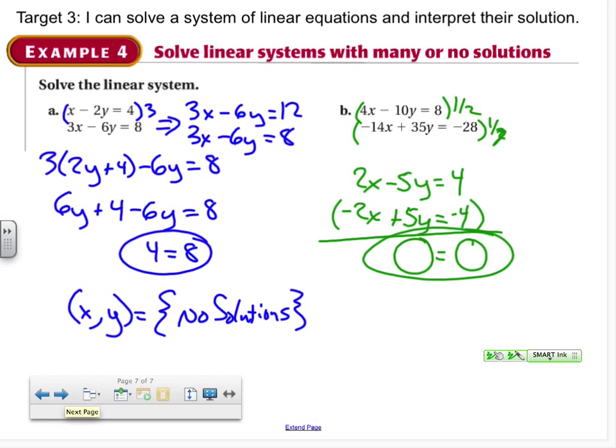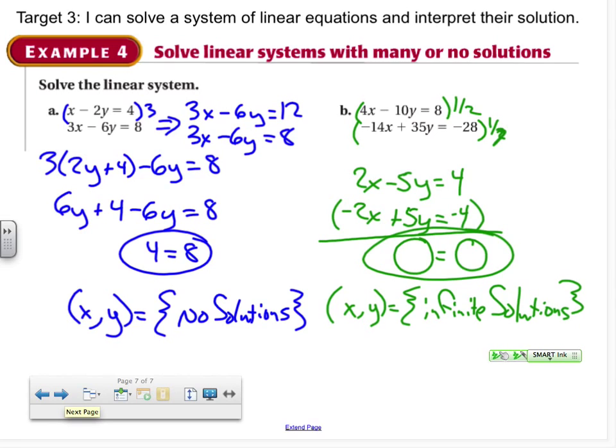Well, if everything fell out and we had a false statement leads to no solutions, when everything falls out and we end up with a true statement, we're going to get infinite solutions. So our ordered pairs are infinite. There are an infinite number of solutions where those two lines cross because they are the same line.